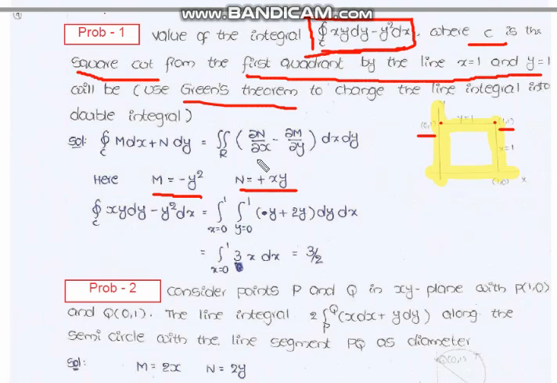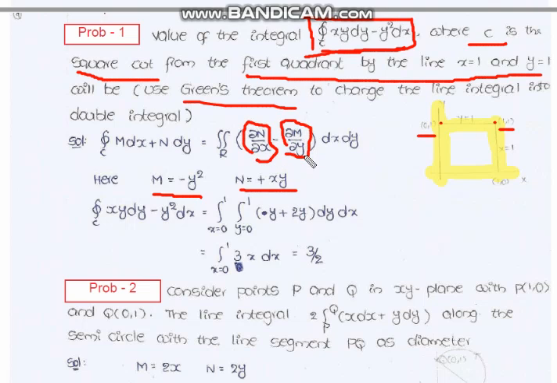So just find del N by del x and del M by del y. It is a partial derivative: for function N we take the partial derivative with respect to x, and for function M the partial derivative with respect to y, and finally we get del N by del x and del M by del y.